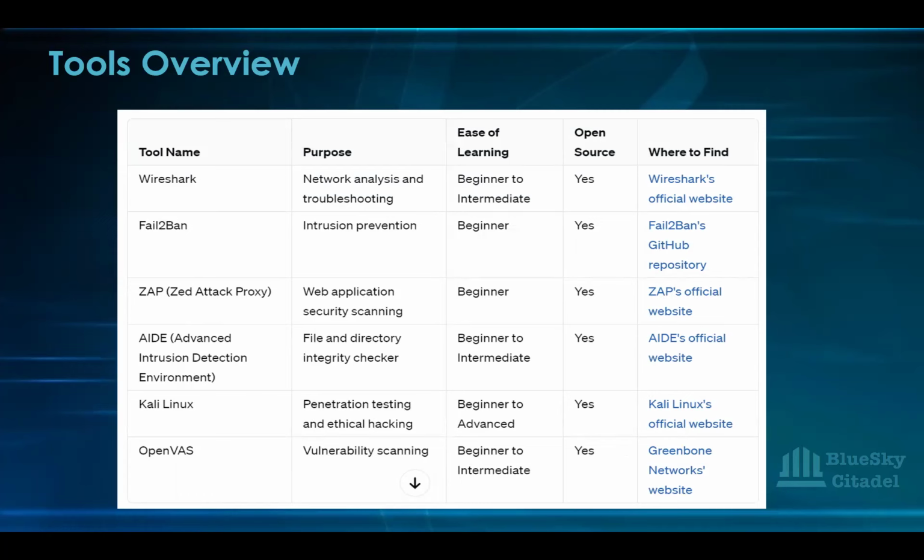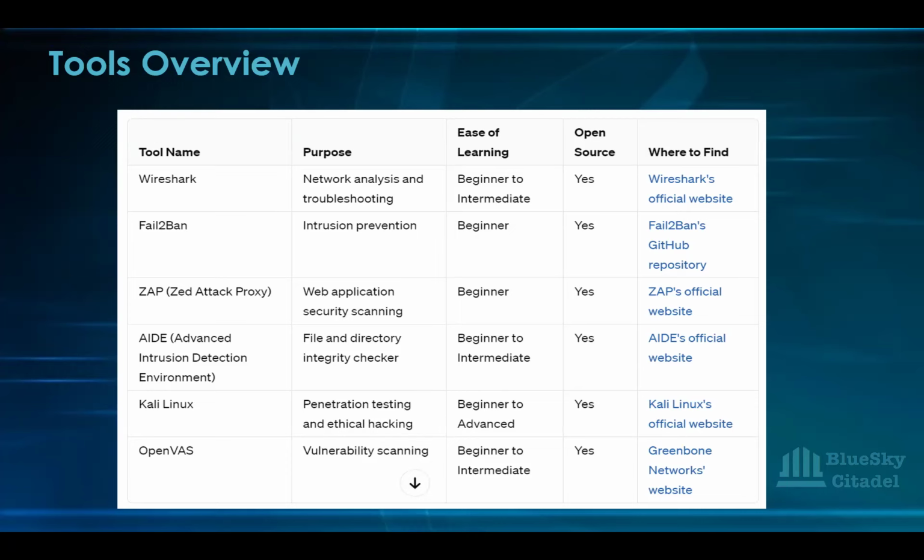So you can go to the website and download. It depends on what operating system you're using. Of course, you pick the one that is relevant. Fail2ban is an intrusion prevention tool. So I'm not really familiar with this one. Okay, but yeah, you know where to find them.